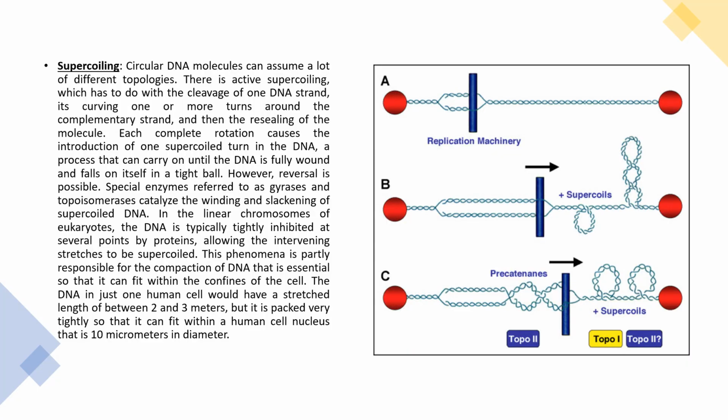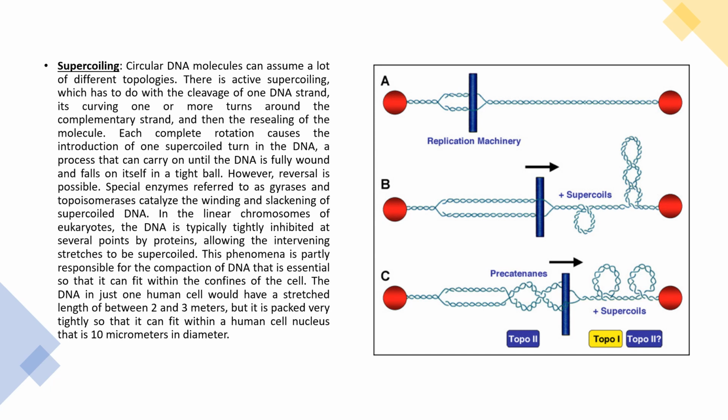Supercoiling. Circular DNA molecules can assume quite a few different topologies. There is active supercoiling, which has to do with cleavage of one DNA strand, its curving on one or more turns around the complementary strand, and then the resealing of the molecule.